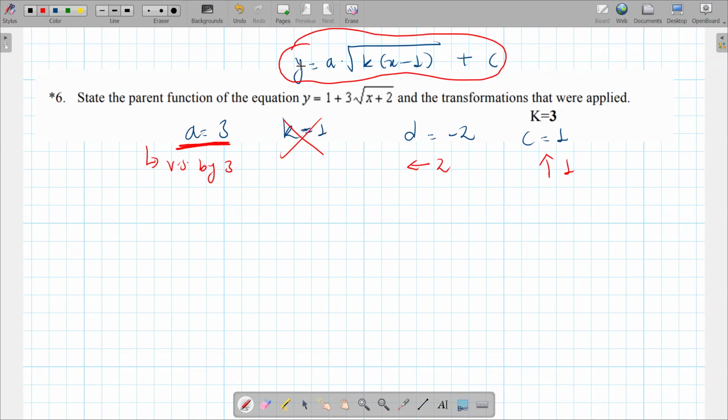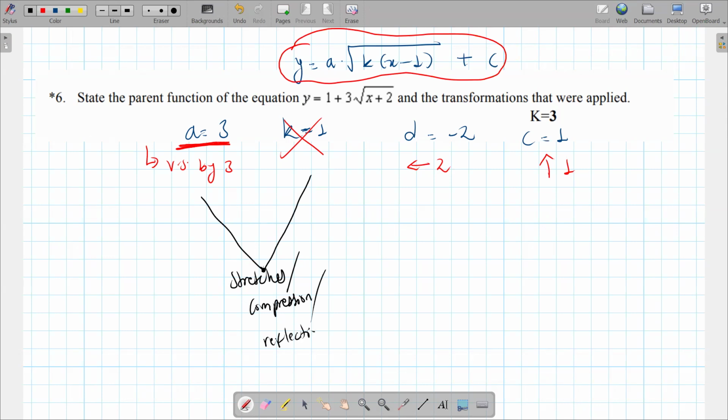The next thing to watch out for is that the order of the transformations matters, okay? If you're in this form, you're always going to be doing these guys, which are what? Stretches, compressions, depending on whether it's more than one or less than one, and the last thing was reflections.